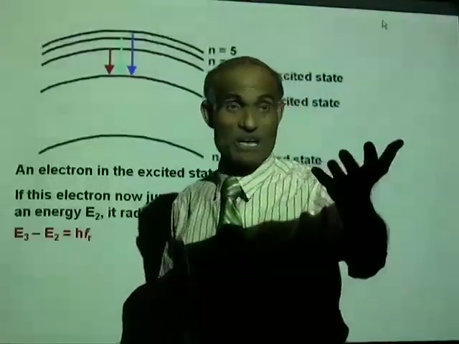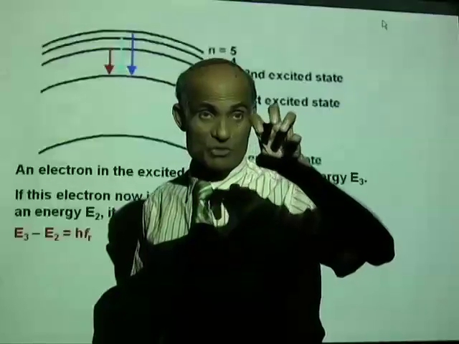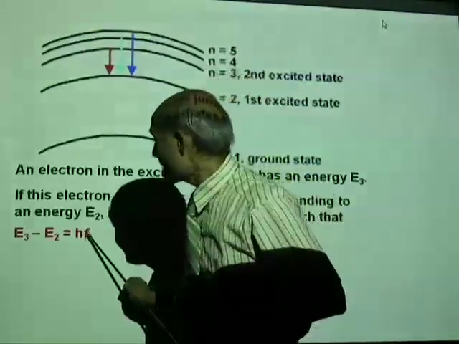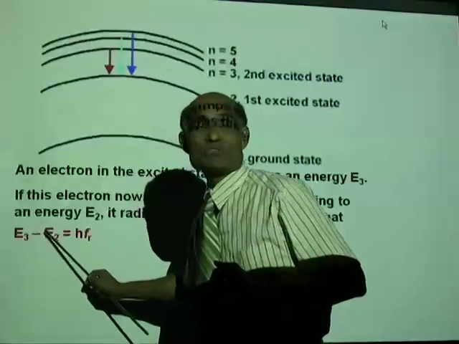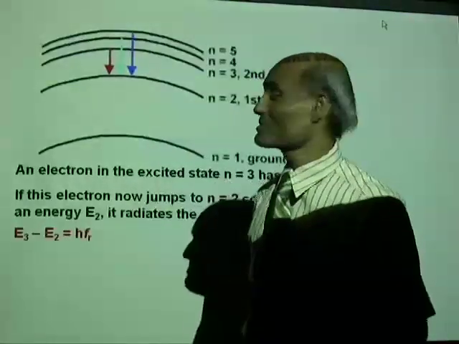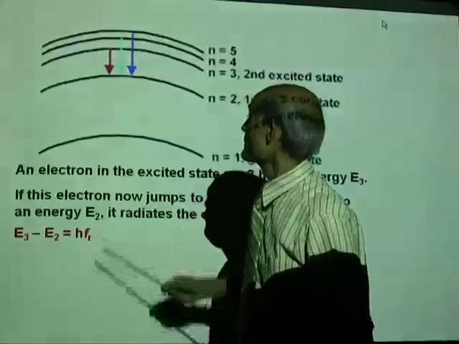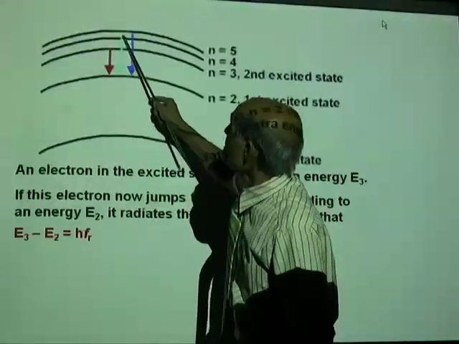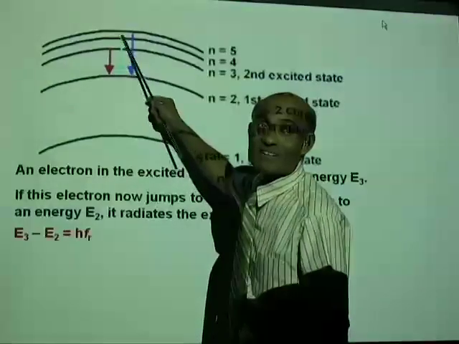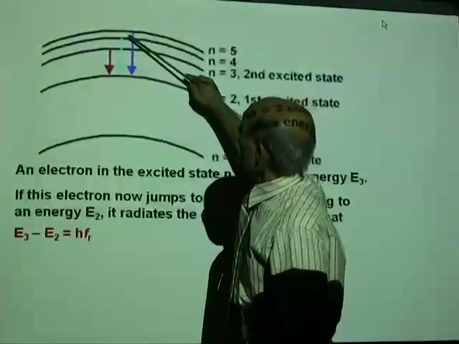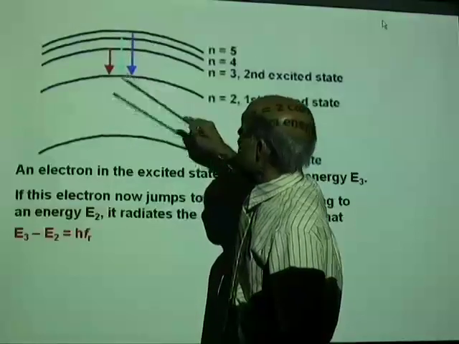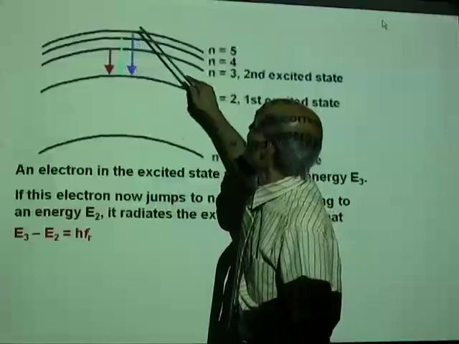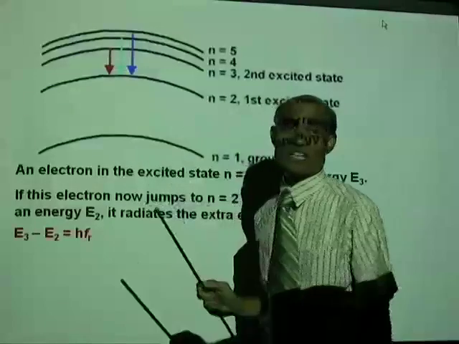In the picture I showed you, there was a red light there, and the frequency of that red light is given by this, E3 minus E2 equal to hfR. In that case, what is the frequency of this color? Well, that is E4 minus E2. And the frequency of the blue color is E5 minus E2.